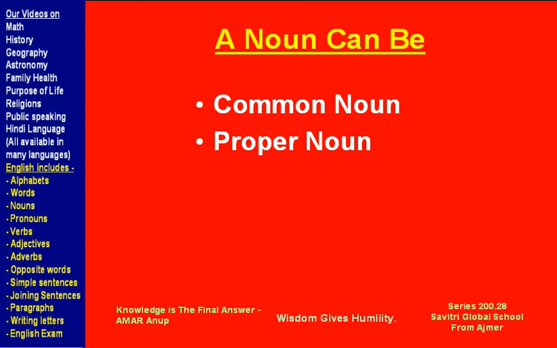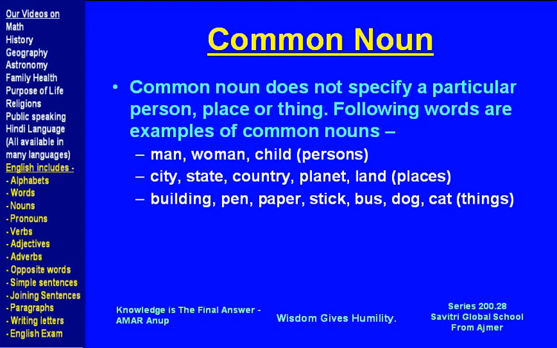A noun can be a common noun or a proper noun. Common noun is something which is non-specific. A common noun does not specify a particular person, place or thing. So a common noun can be used for many in the same class.